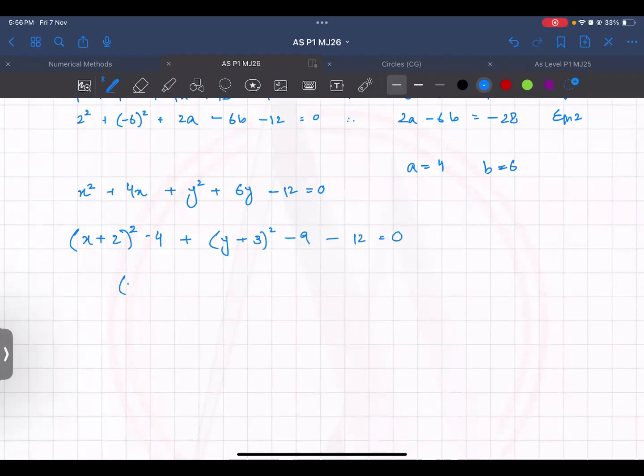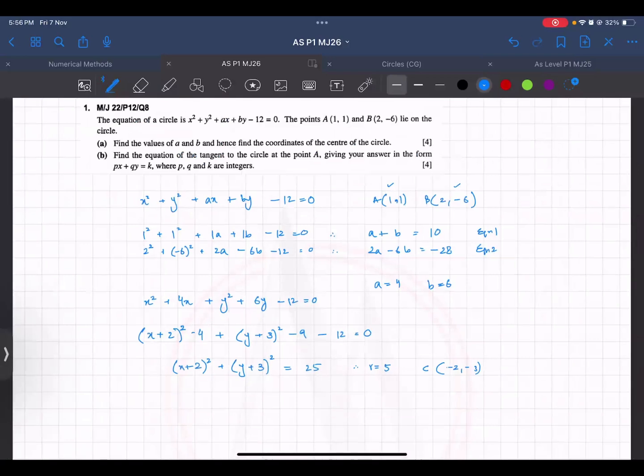So your center is minus 2, minus 3, and your radius squared becomes 25. So your radius is 5 and the center is minus 2, minus 3. That is 4 marks.